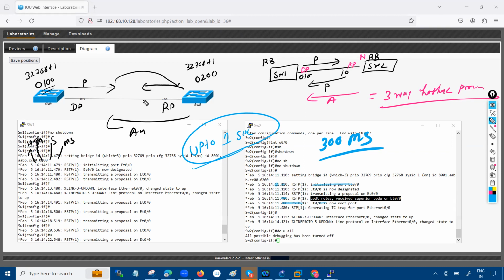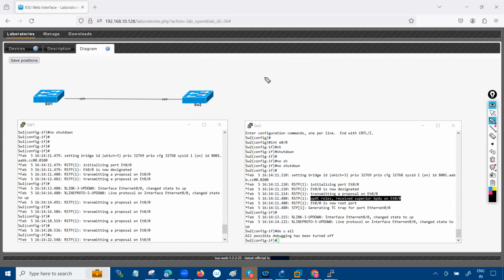Your network will converge in 1 second. That's why, because of the RPVST protocol, layer 2 is much faster than the layer 3 protocols.